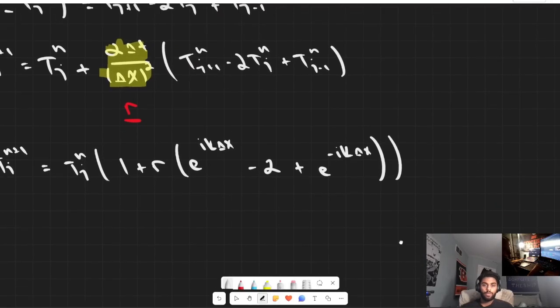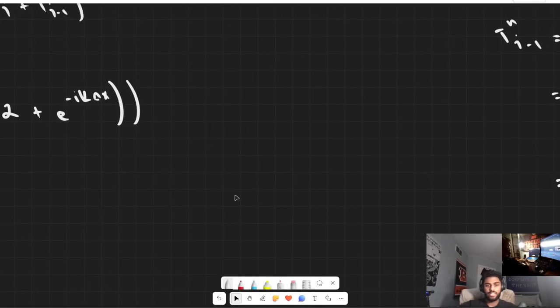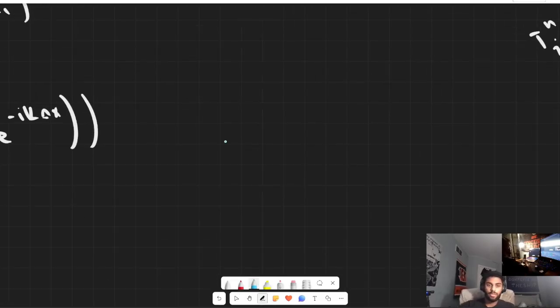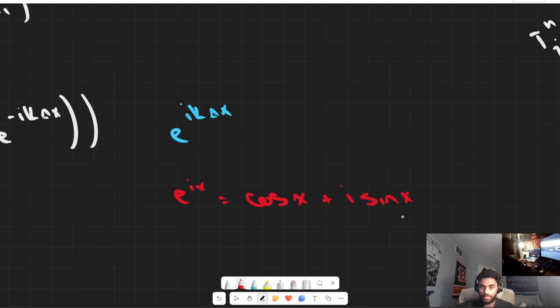So we can actually use Euler's identity to kind of simplify this down for us a little bit. So e to the ik delta x. If we have a general form e to the ix, that's equal to cosine x plus i sine x.